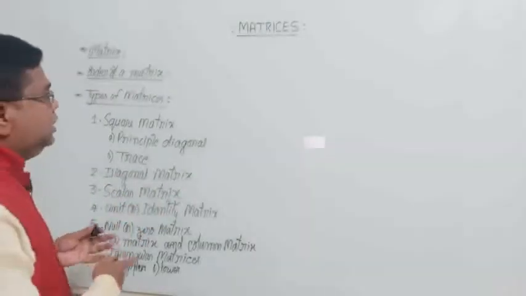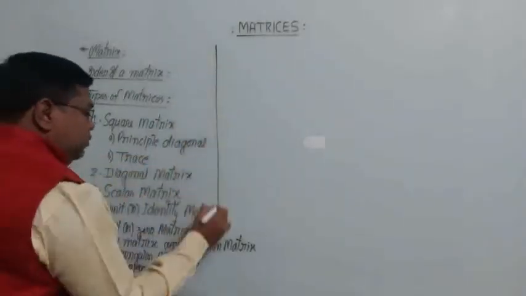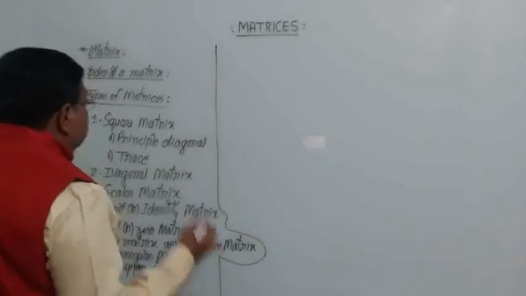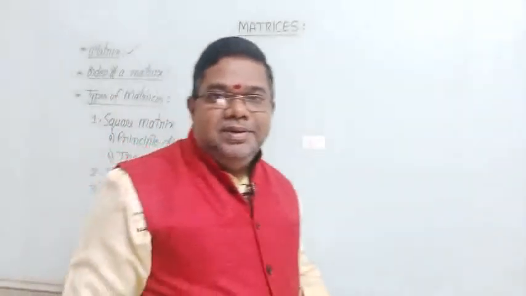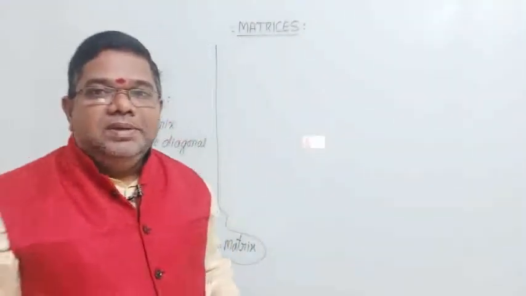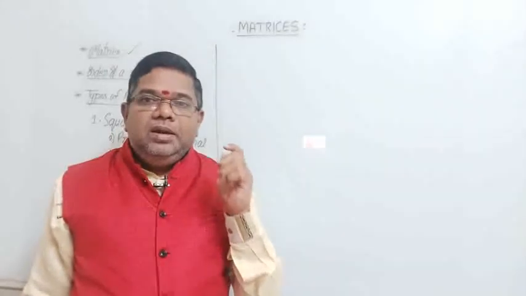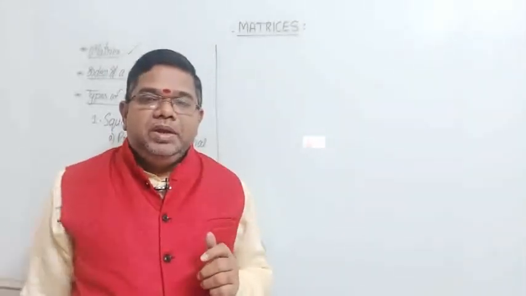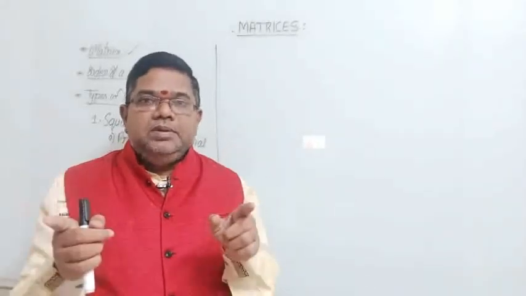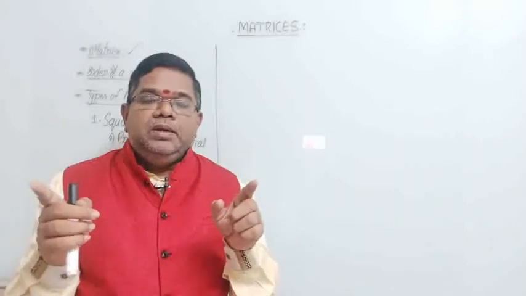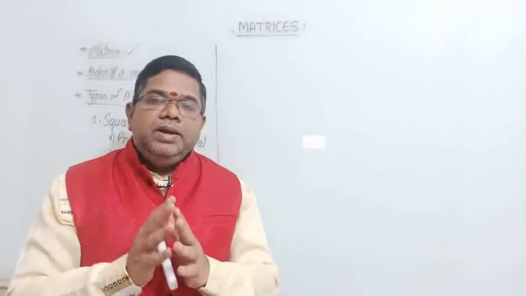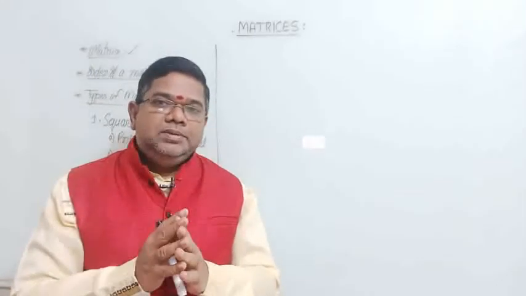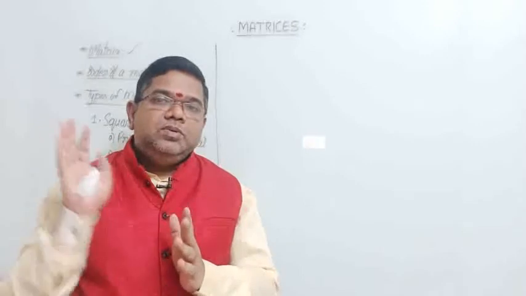Once again I will revise: what is a matrix? It is an ordered rectangular array of elements, enclosed by brackets, either open or closed. Generally matrices are denoted by the capital letters A, B, C, D and so on.